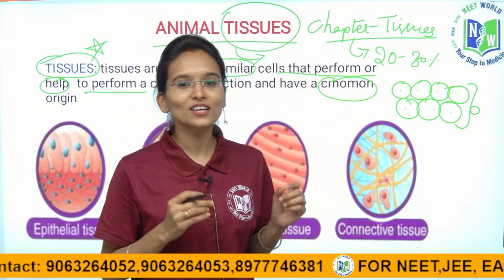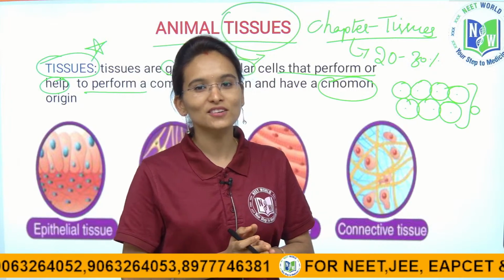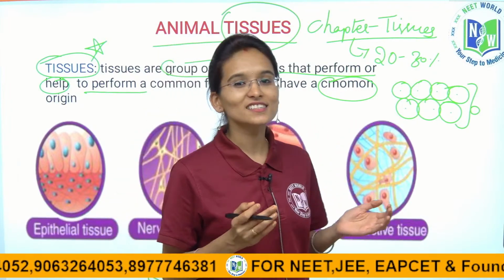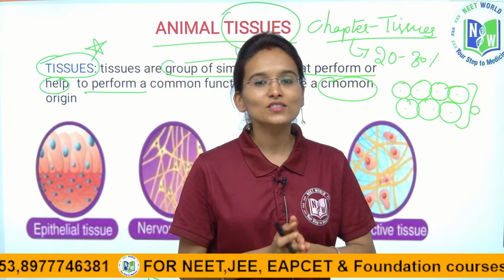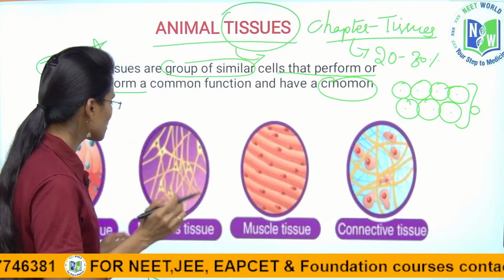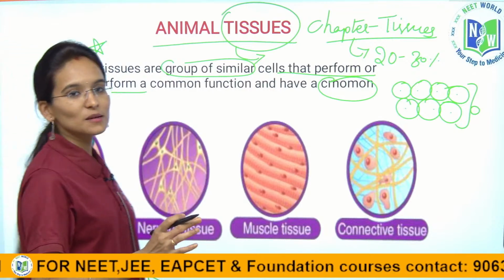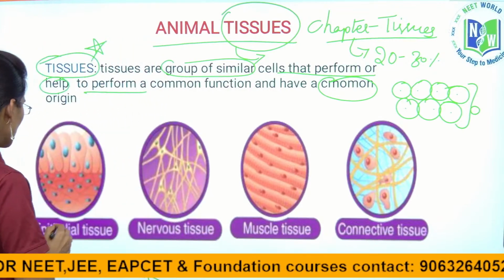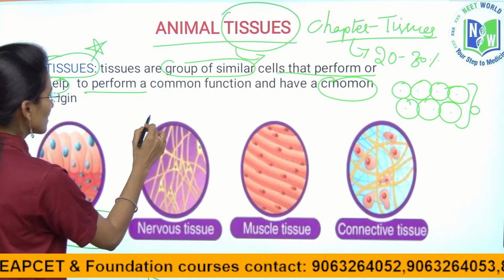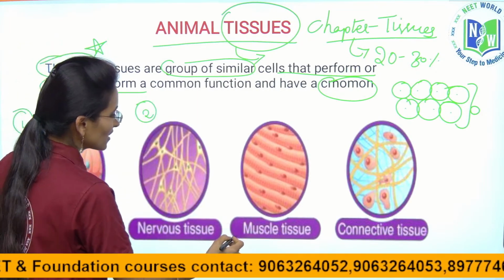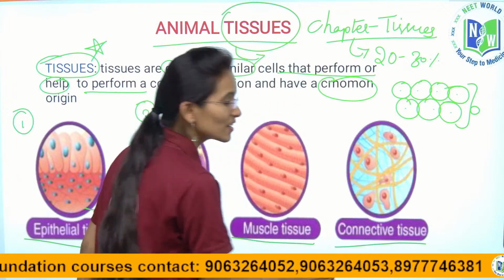Now we will discuss in detail about the different types of tissues. Generally you need to study 4 different types of animal tissues. The first one is epithelial tissue, next nervous tissue, then muscle tissue, and then connective tissue.